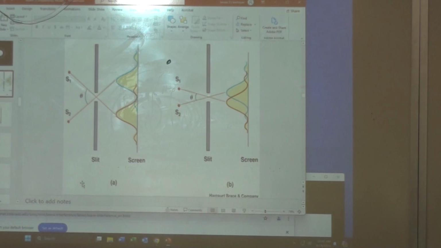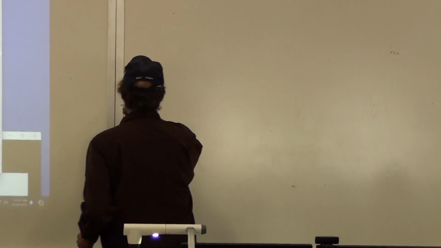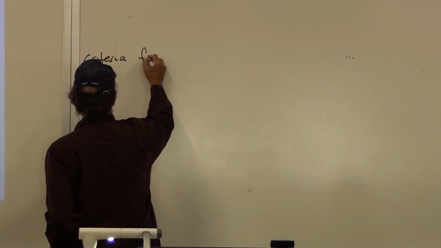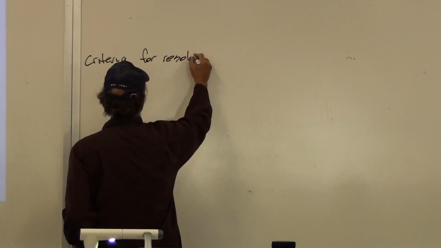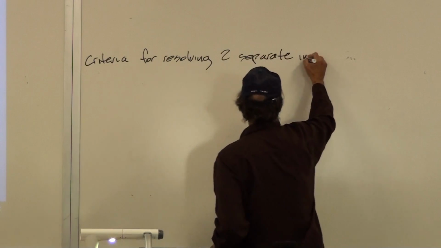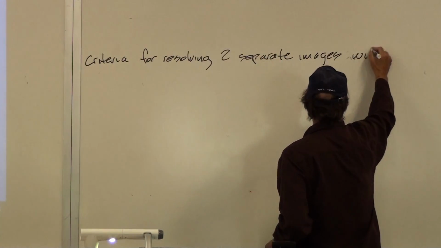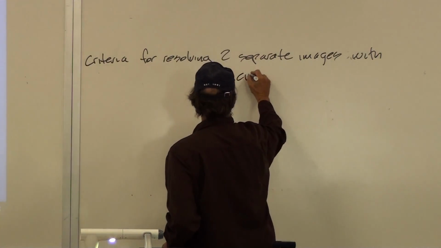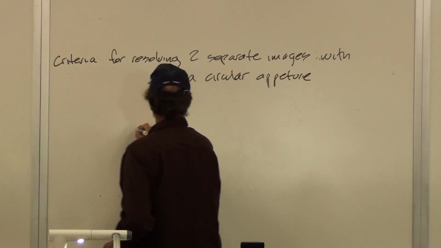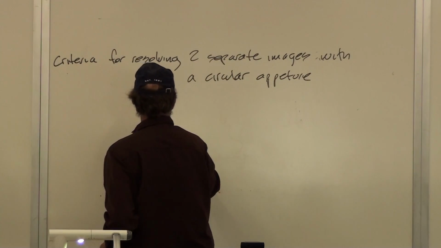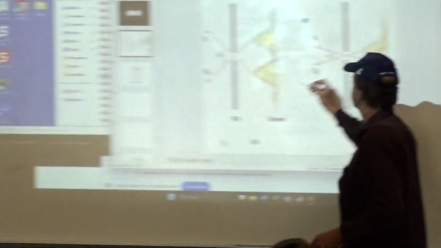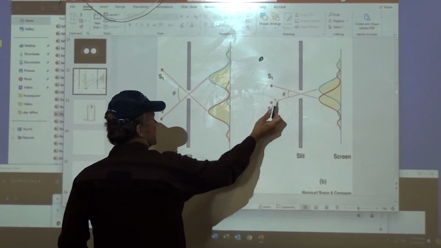And so the criteria for resolving two separate images with a circular aperture is sine theta minimum. So this is the minimum angular distance before they start to merge together.